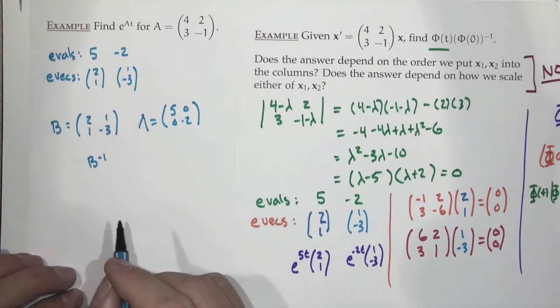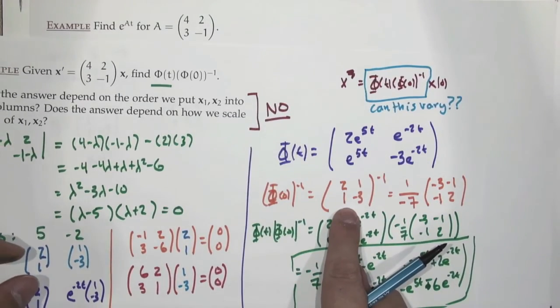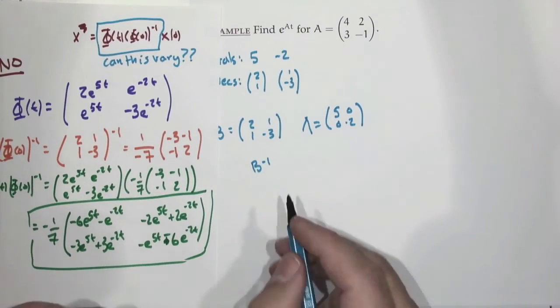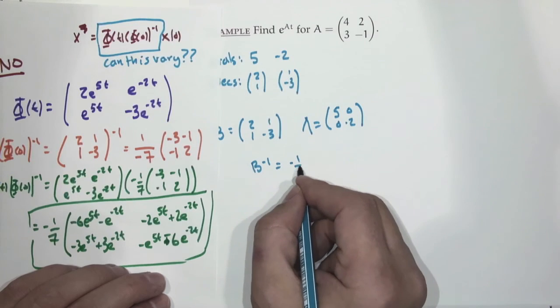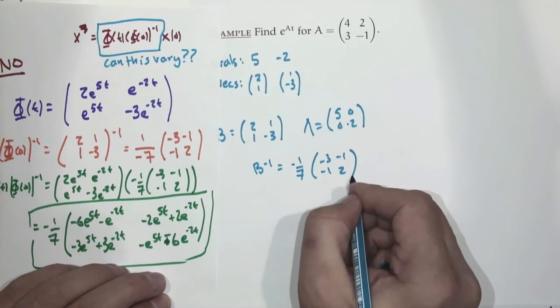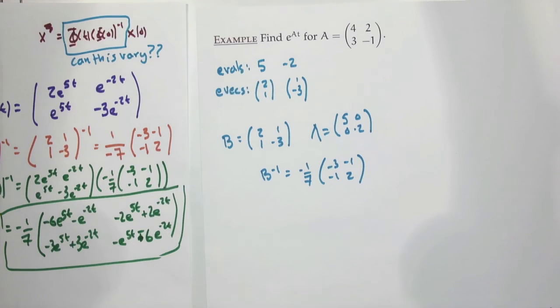Now you're like, aha, Steve, we didn't do that. Except we did. It's right there. That's the inverse. And now you're like, whoa, Steve, it was meant to be. This is just to illustrate that something really cool is going on. So we're going to tie the themes all together here. Okay, so we have our B, we have our lambda, we have our B inverse.